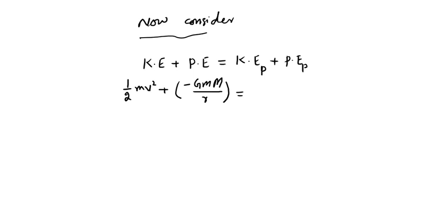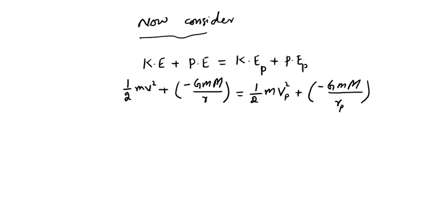This can be written as half m, now the velocity of that satellite at point perigee, I will represent it with Vp, plus gravitational potential, that is G m M divided by the distance at perigee, at point P.